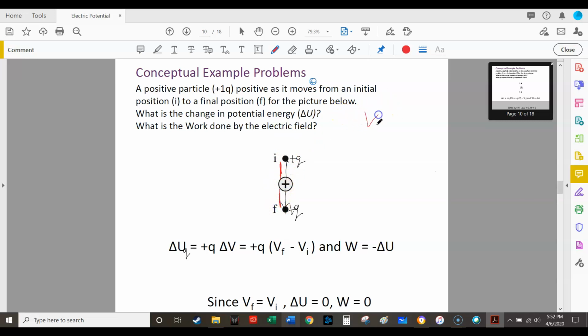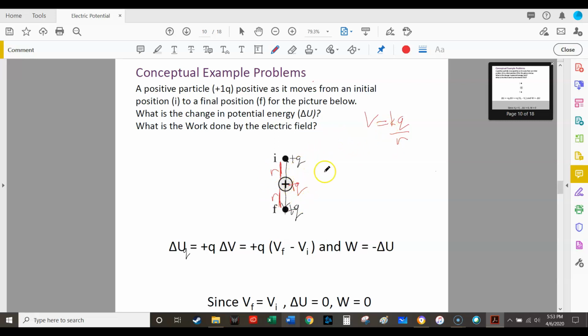And voltage is equal to KQ over R, right? And so this positive Q right here is causing a voltage at I and also a voltage at point F, a distance R away in both those cases.